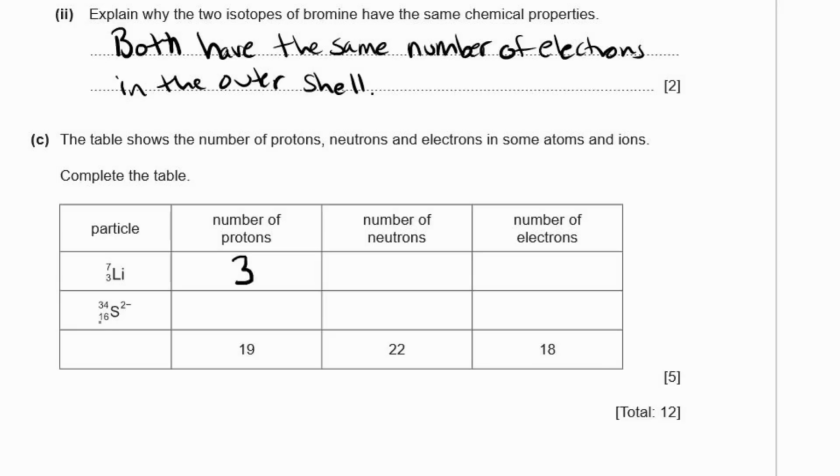If sulfur has 16 for the proton number, it has 16 protons. Now lithium is uncharged. So uncharged means it has exactly the same number of electrons. Sulfur, on the other hand, has a charge of 2-. That means it has 2 more electrons than it does protons. So it has to be 18.